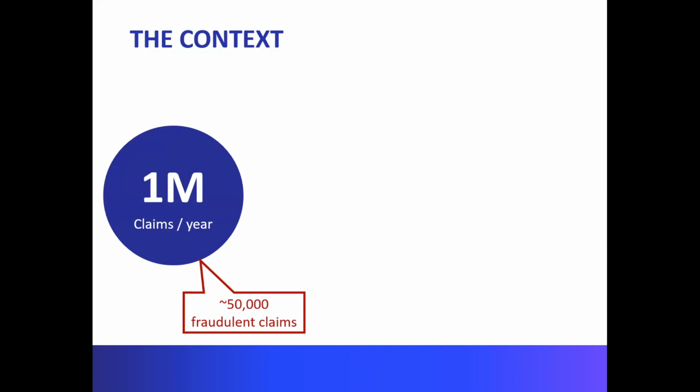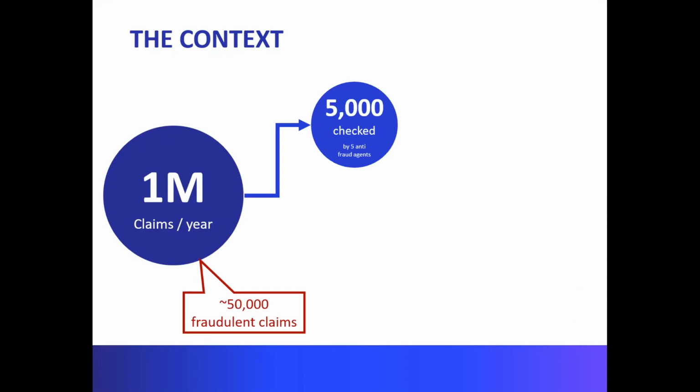Now, they typically, in big companies, have anti-fraud agents, a team of 5 anti-fraud agents that check about 5,000 claims per year only. And how do they do that? Well, it could be because they had the intuition that it was fraudulent, or it could also be just because of the amount, the value of the claims.